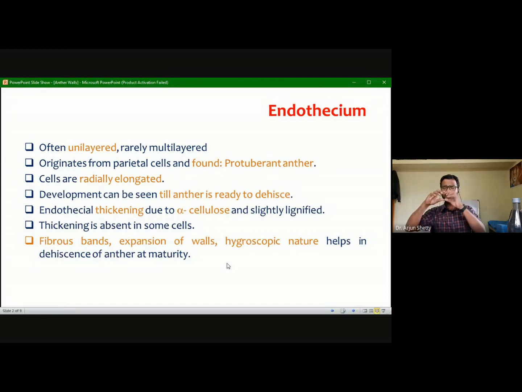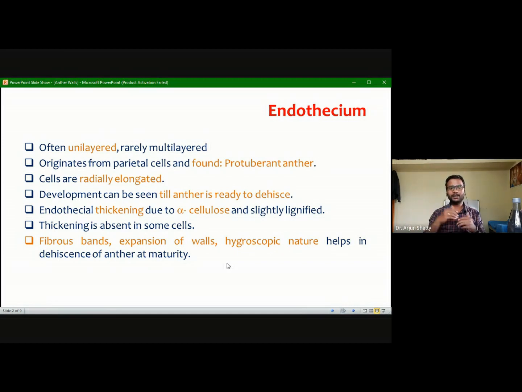This endothecium is composed chemically of a greater amount of cellulose, and in very few flowering plants it is also slightly lignified or slightly pectinated. But preferably the composition of the endothecium is cellulose, a polysaccharide, and only in very few flowering plants do you see slight lignification as well as slight pectinification in the endothecium wall.